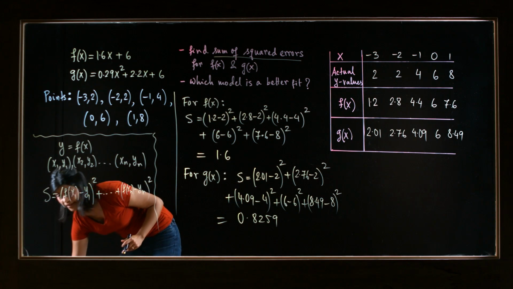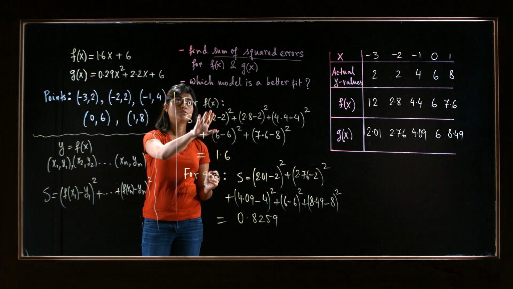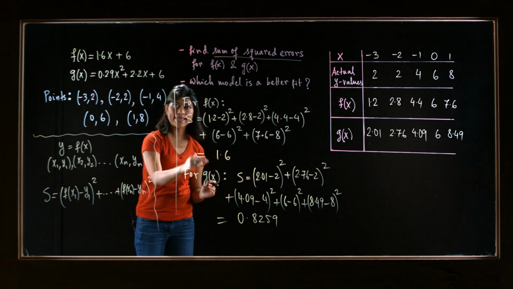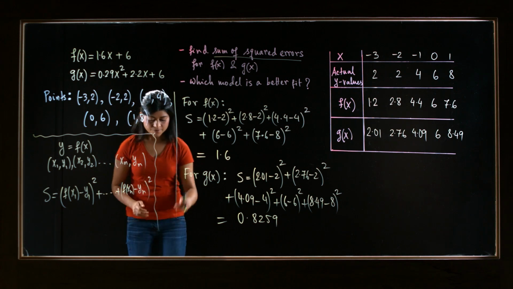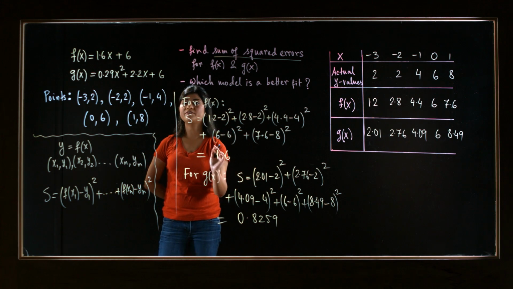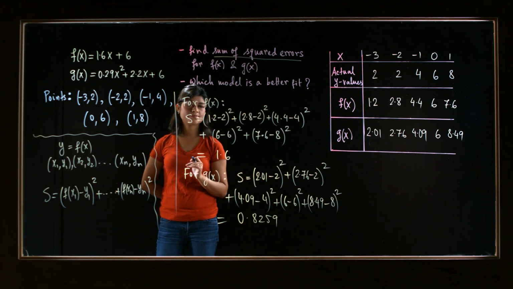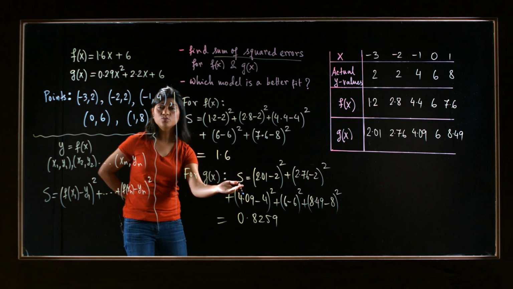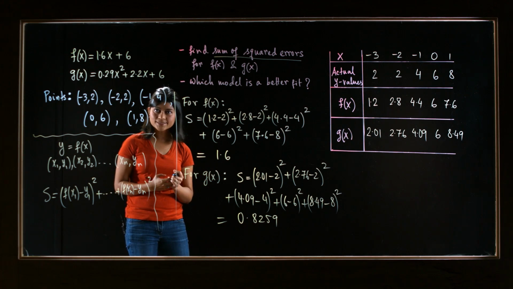Right, so we have computed both sums of squared errors for the linear model and the quadratic model. Now finally, we have to decide which model will be a better fit for these points. Now look at the numbers. These are errors. So we want the error to be less, right?